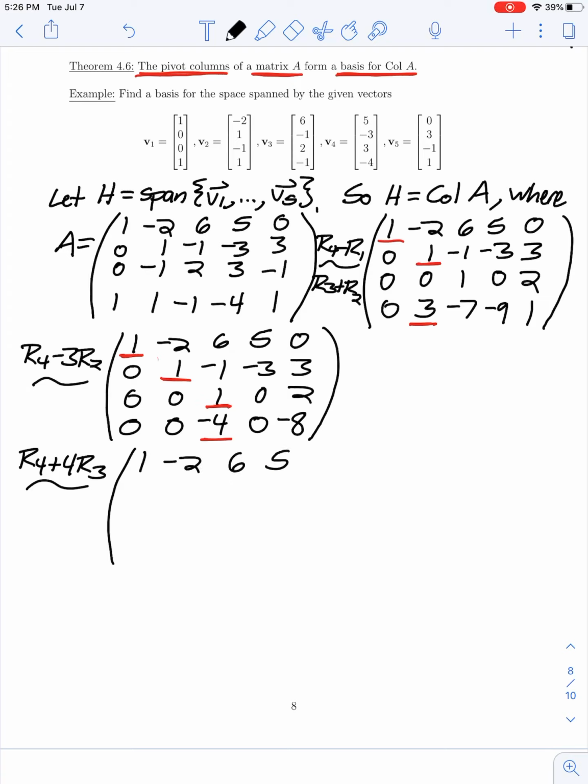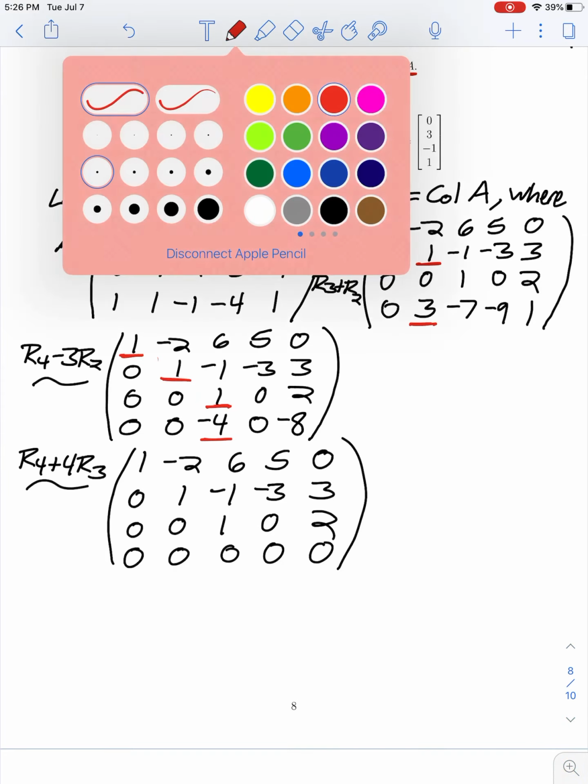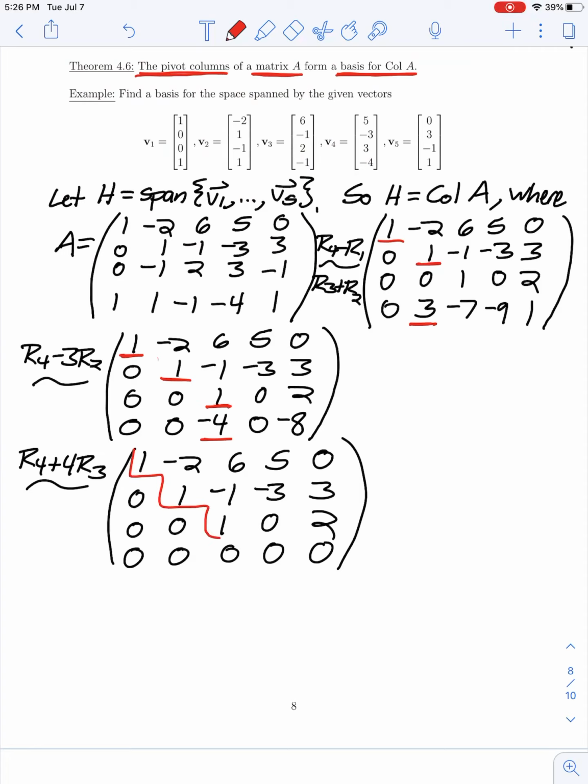So I have 1, negative 2, 6, 5, 0; 0, 1, negative 1, negative 3, 3; 0, 0, 1, 0, 2; and 0, 0, 0, 0, 0, a row of all zeros. So I see for this matrix in row echelon form that the first, second, and third columns are my pivot columns, and columns 4 and 5 are non-pivots.